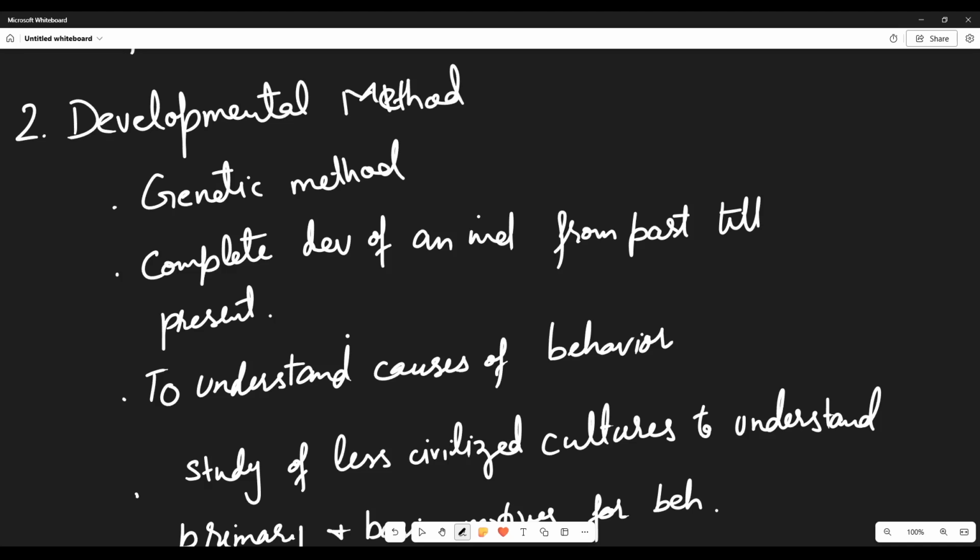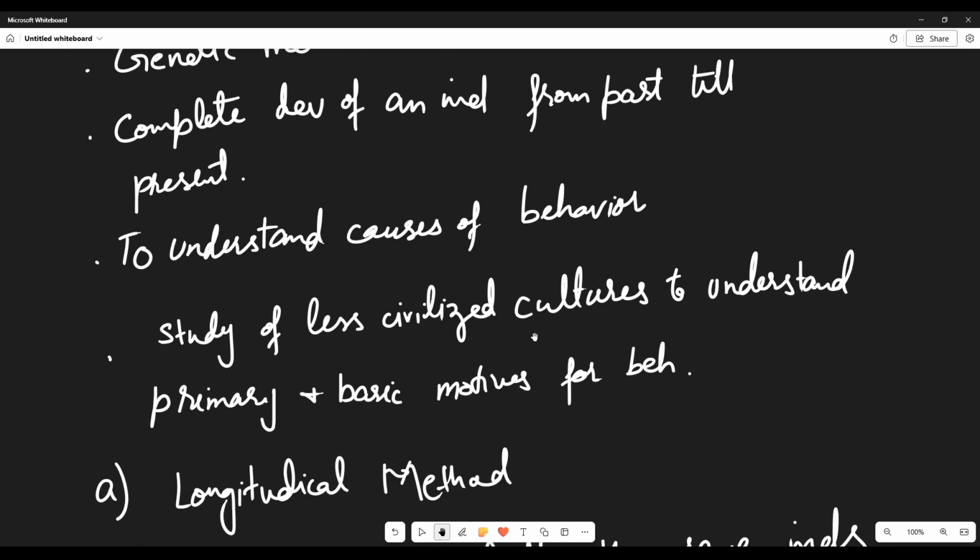This method helps the psychologist to understand the main underlying causes of behavior from the very beginning until it reaches the most complex and composite form of developed behavior patterns. For this purpose, the researcher has to go and live with people in cultures that are less civilized and their behavior is determined by the primary and basic motives for behaviors.